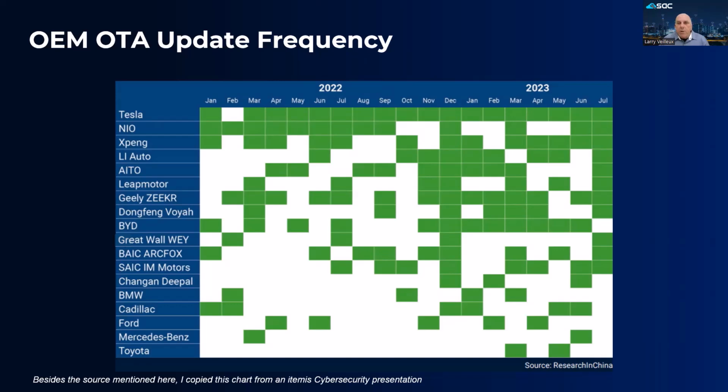Those two are what I would expect anyway. But on the lower side, BMW performed 4 updates in 19 months, Ford performed 5 updates in 19 months, and finally, Toyota only performed 2 updates in 19 months. Obviously, we all expect, or at least desire, that updates are performed more frequently.